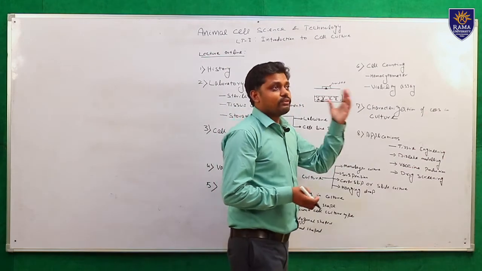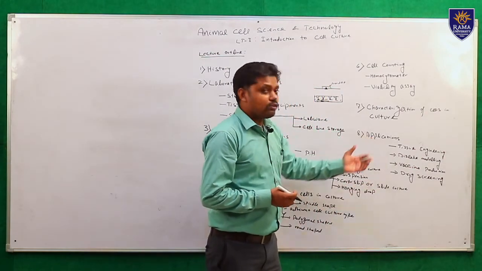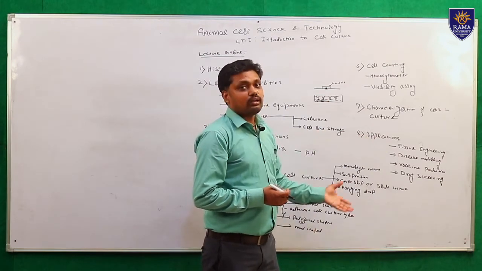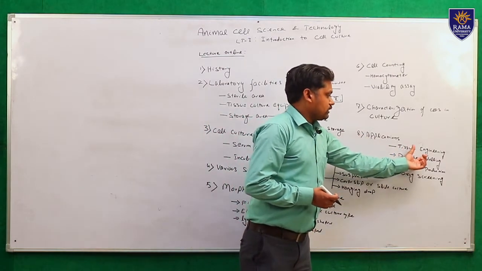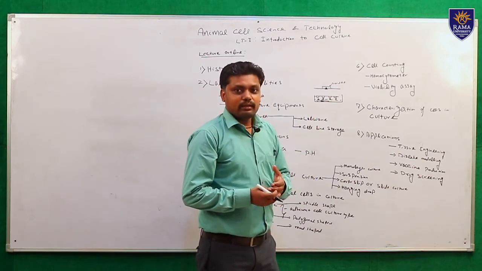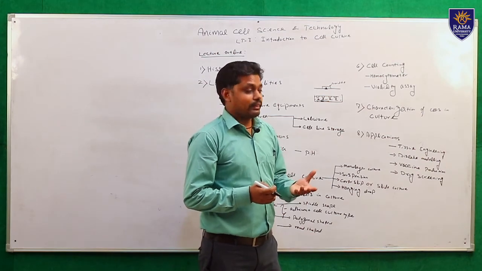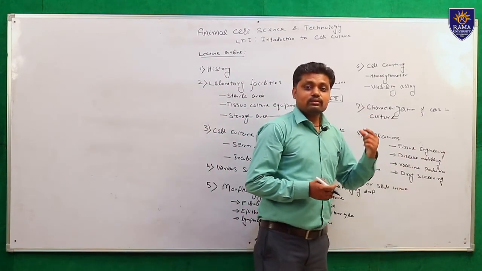There are a number of applications of cell culture. I have only written 4 or 5, but there are a number of them. One of them is tissue engineering. Here tissue engineering means we are using animal cells for growing organs, tissues, skins. Disease modeling.